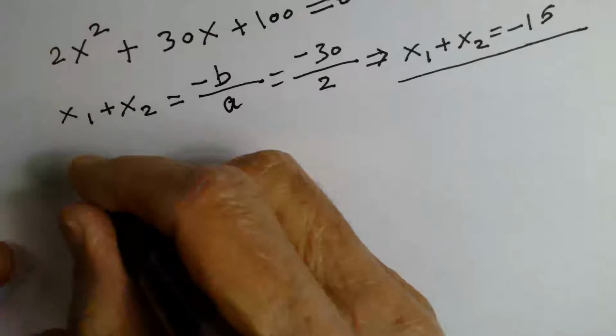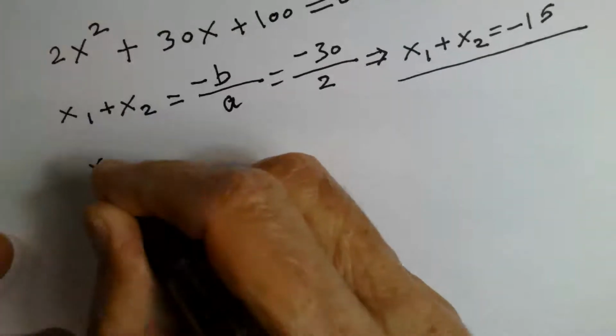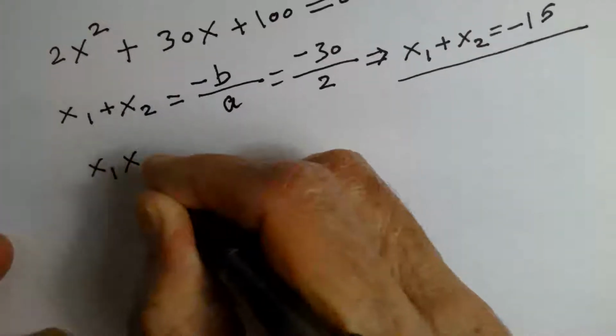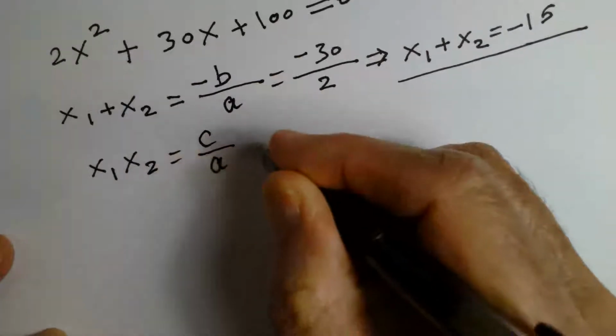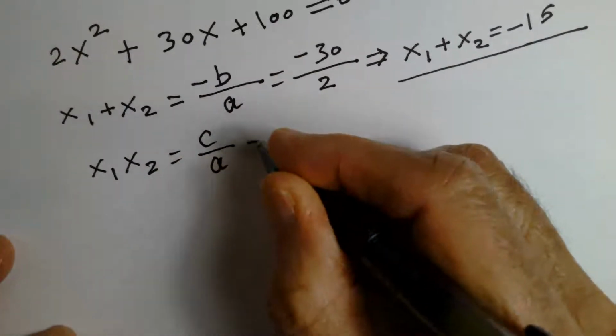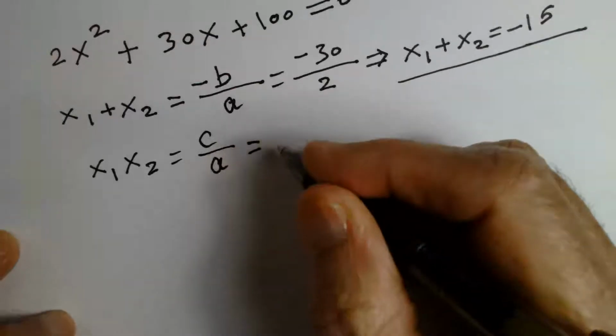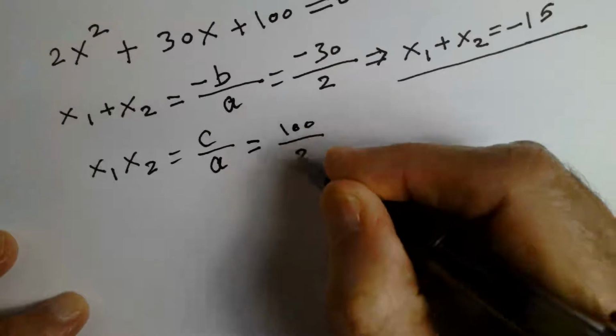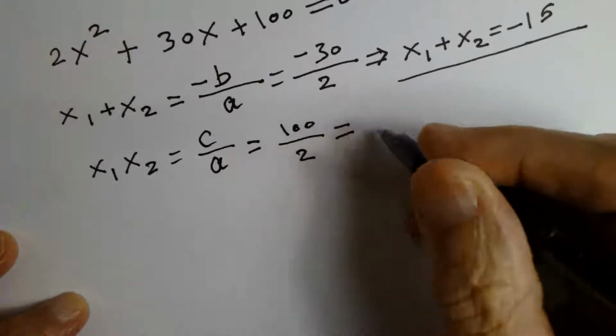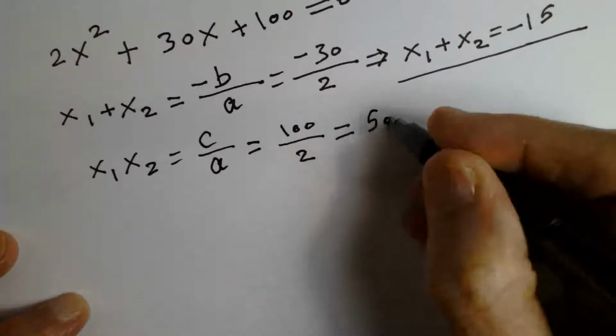Now, x1 x2 equal to c by a, equal to 100 divided by 2, equal to 50.